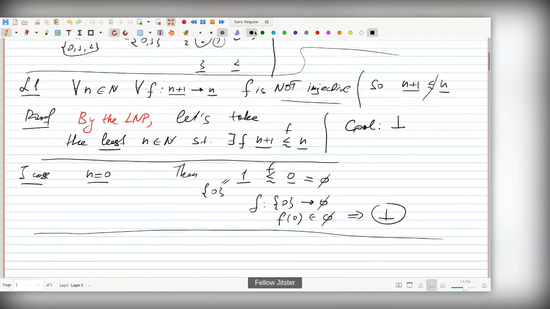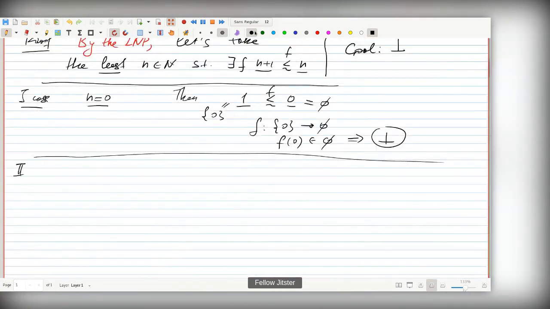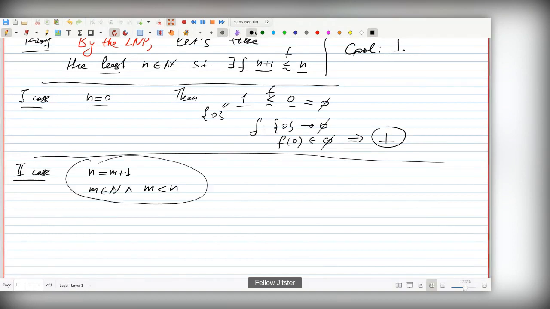Now, the second case is when n is some m plus 1, where m is a natural number, of course, which is less than n. So now assume that n is something plus 1. So what do we have?